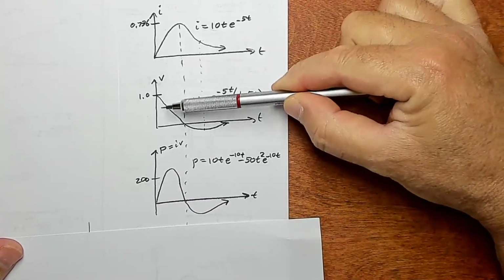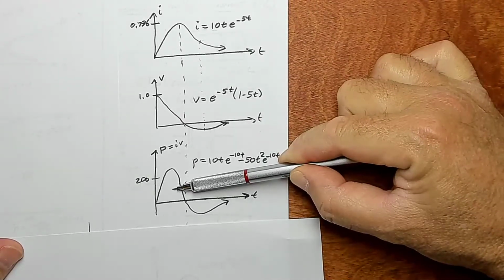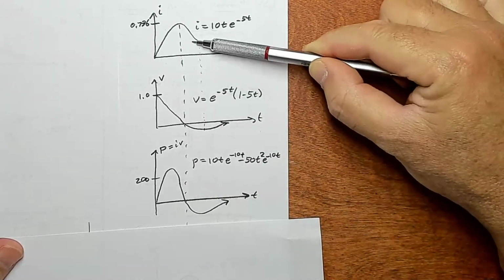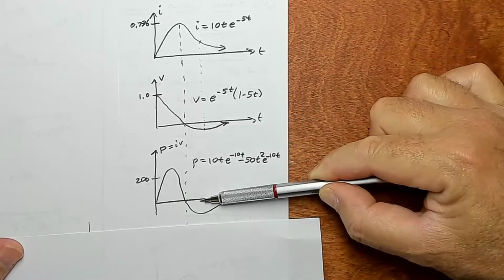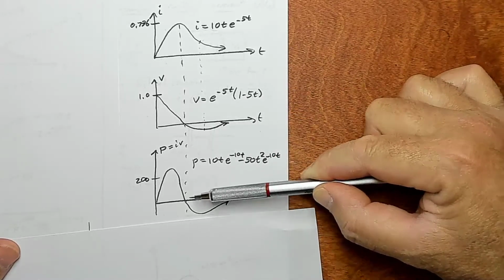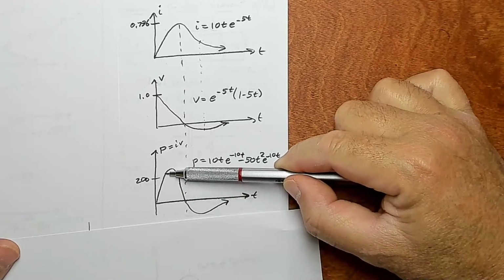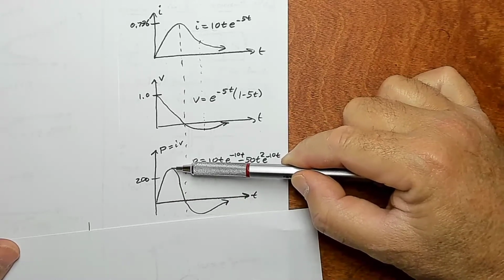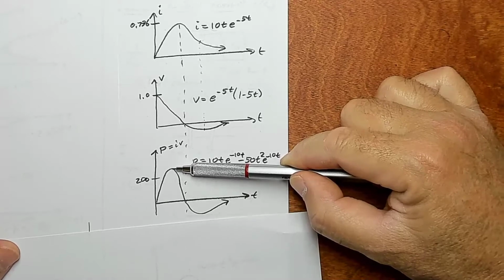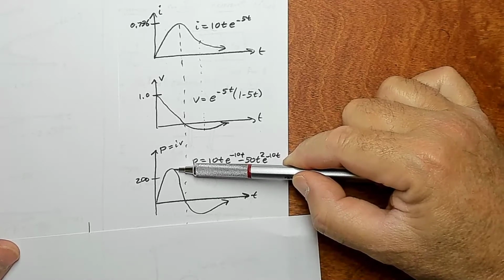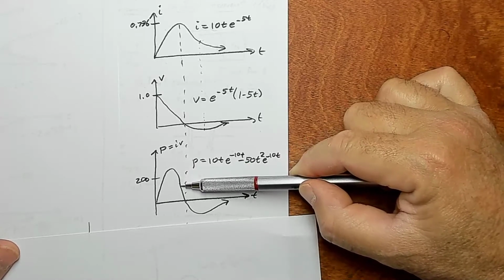A positive times a positive is a positive, and a positive times a negative is a negative. So the power is flowing in, more and more and more power. This is the maximum rate of power transfer here. Then the rate of power flowing in gets smaller and smaller.